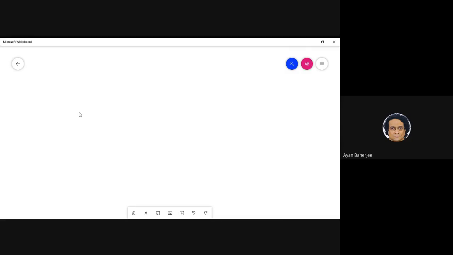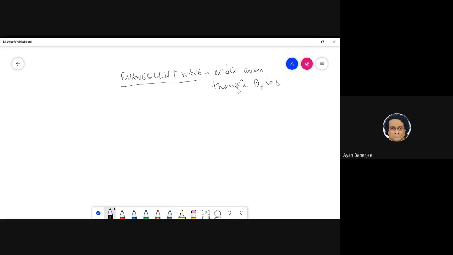It is basically saying that at the critical angle, an evanescent wave exists even though theta t is imaginary.